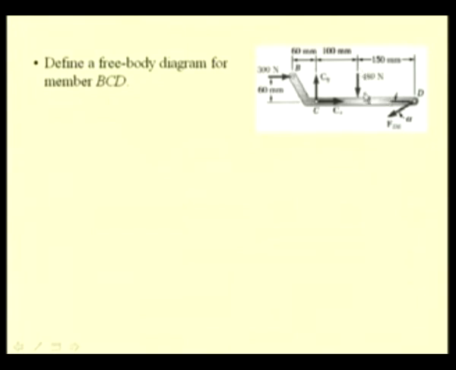And we have this externally applied force 480 Newtons. So, from this free body diagram, we can write three equations and determine the three unknowns. Here the three unknowns are Cy, Cx as well as the magnitude of this force FDE. So, from the equilibrium equations resulting from this diagram, we can determine these three forces.